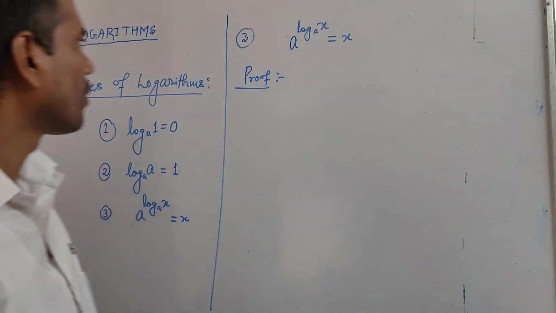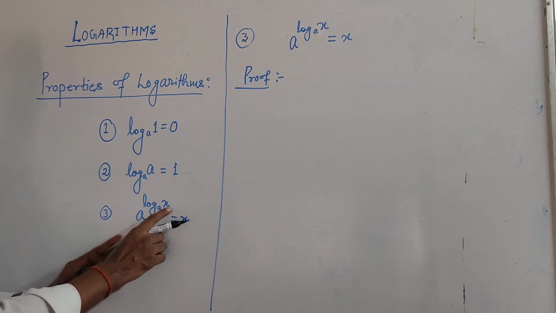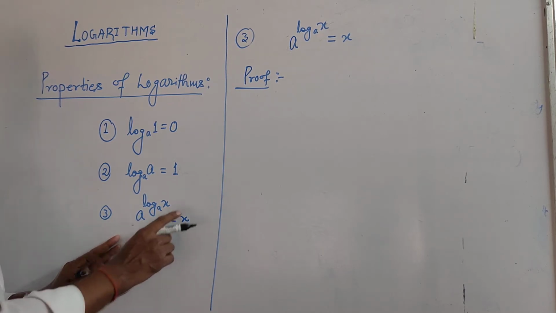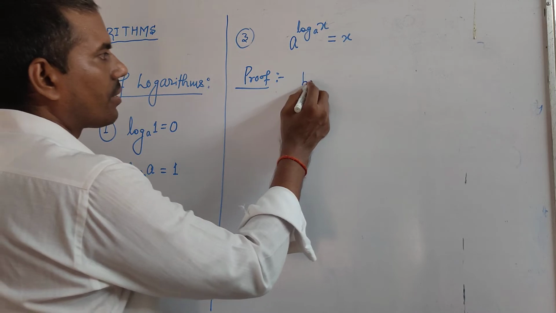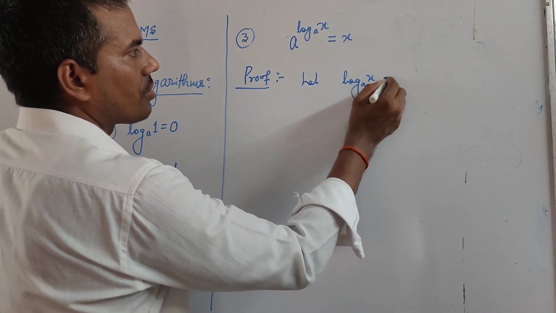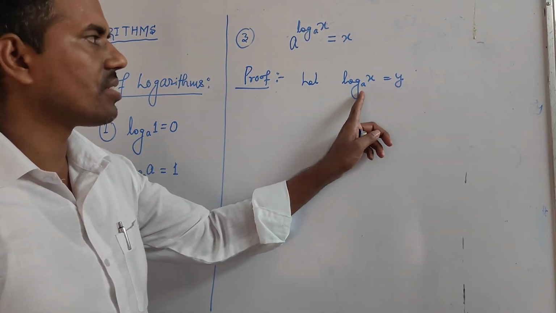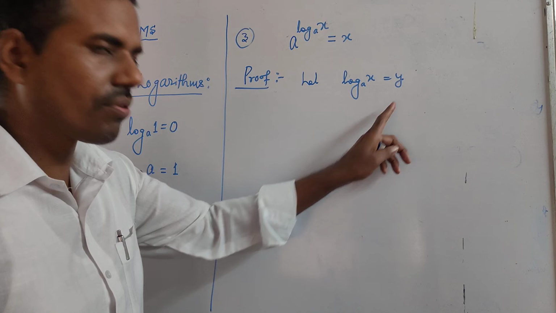Next property of logarithms is a to the power log of x to the base a is equal to x. The proof: let log of x to the base a is equal to y. Log of x to the base a is equal to y in logarithmic form.